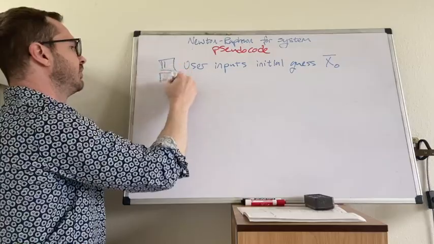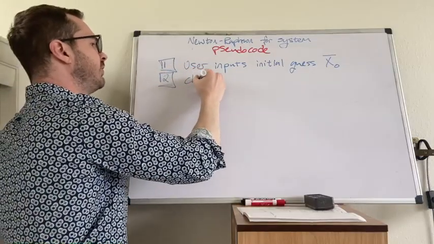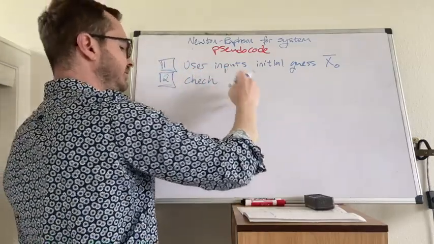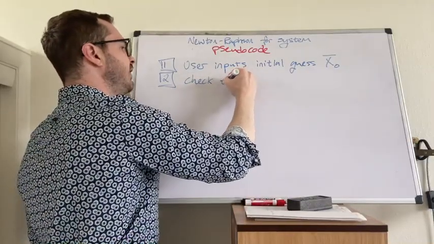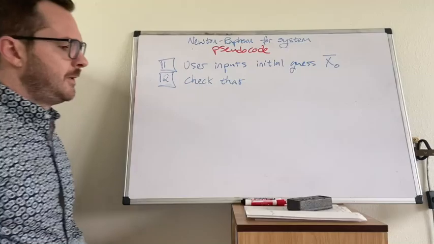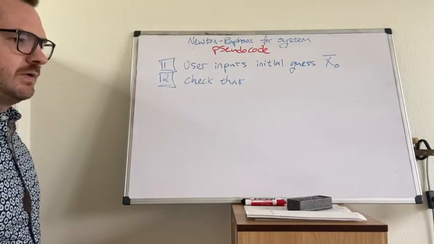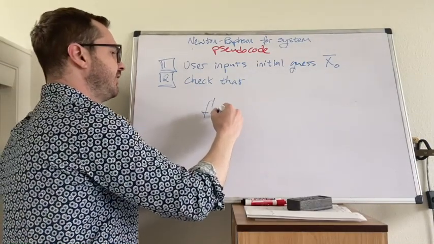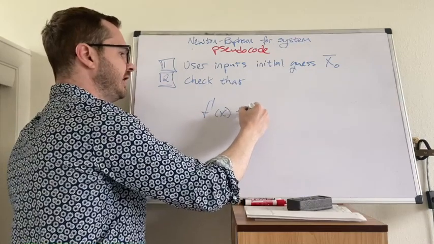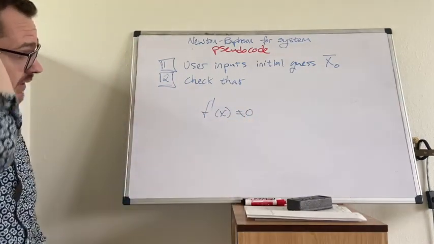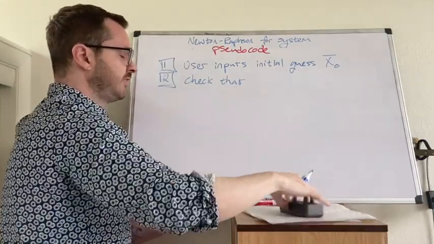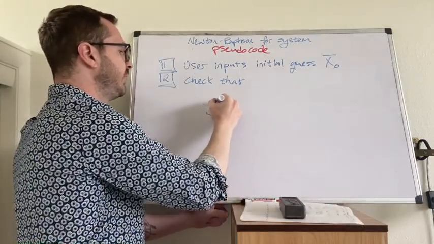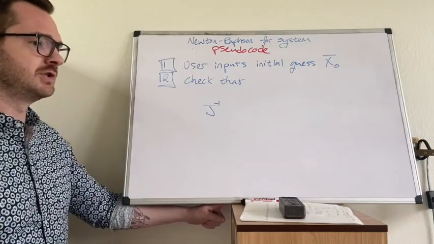Next, number 2, we want to perform a check. Check that, remember when we did Newton-Raphson, we checked that the slope was not equal to 0, right? Because this was part of the update step. What we're doing now for a system is we're performing matrix inversion on the Jacobian.